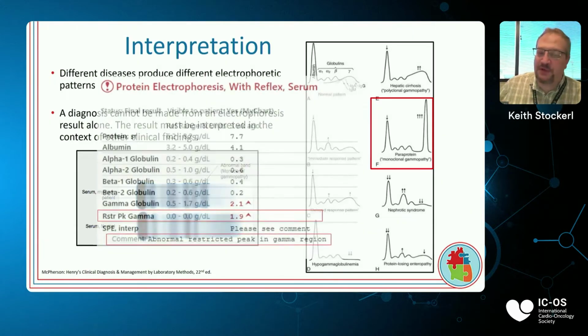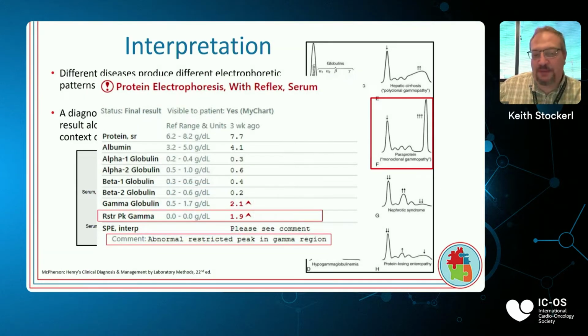The reports are sometimes hard to interpret, and it depends on the institution and who runs it, but this is just a breakdown of what we were showing on that tracing. So here is the amount of total protein in a patient's serum, and then each of these peaks, the albumin, the alphas, betas, gamma.